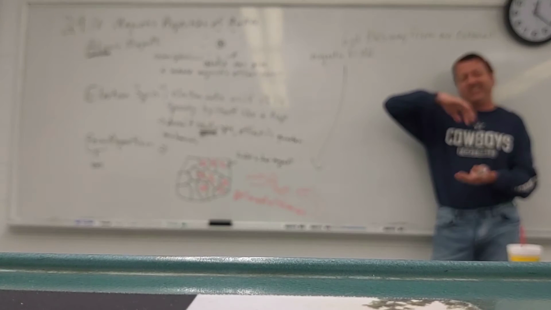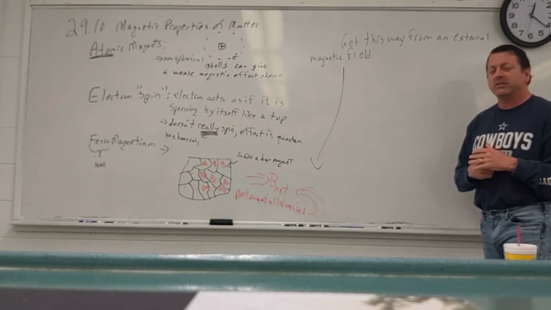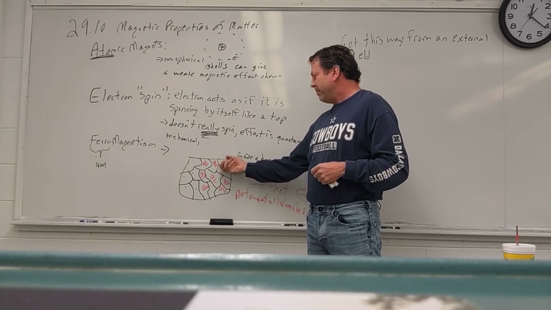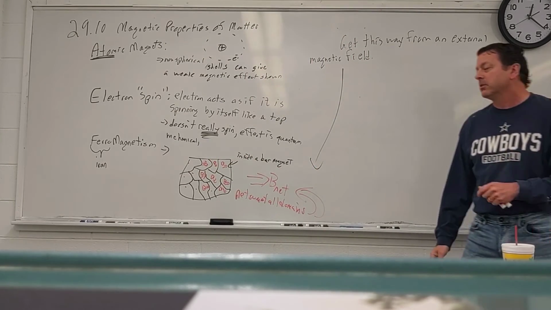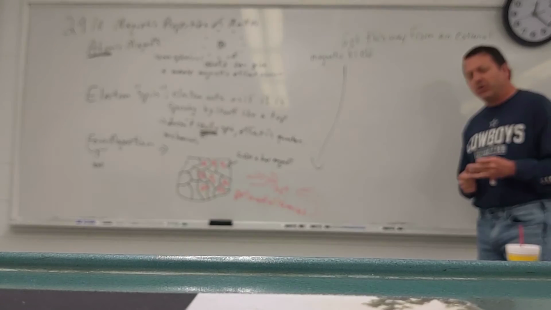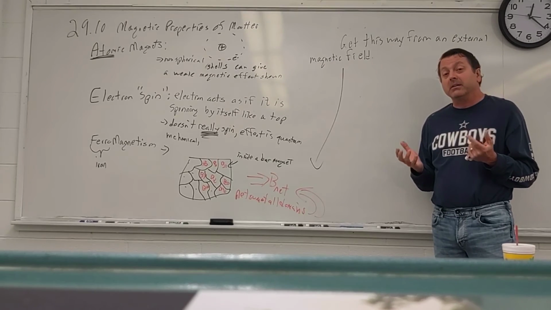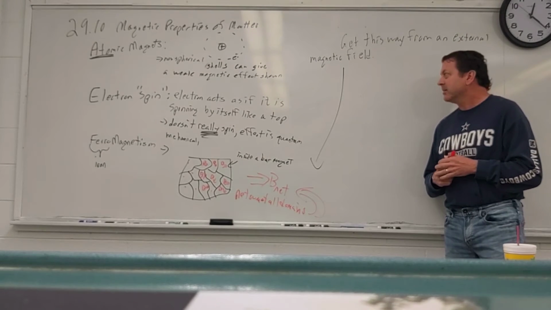If they cooled really fast, the domains wouldn't have time to move around. These domains are just groups of particles, atoms interacting with each other. But if it cooled down slowly, there would be rocks that acted like magnets. Weak magnets, but they acted like magnets.